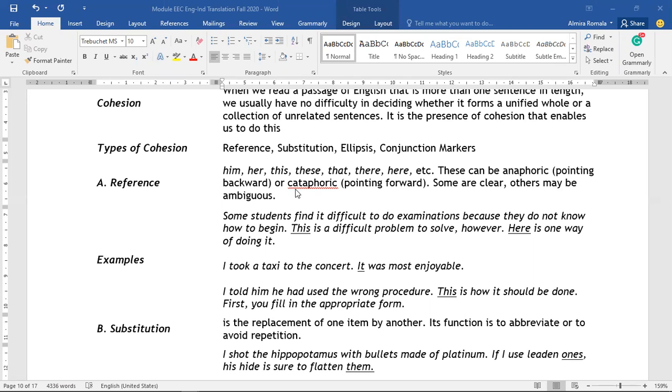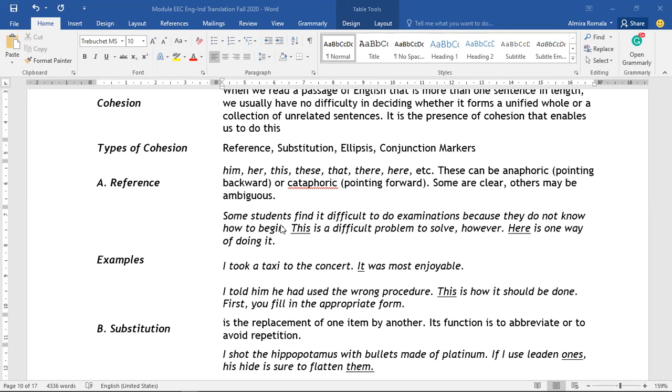However, in a text, some of the references are clear, but it is not rare to also find an ambiguous reference. Okay, let's take a look at the example. We have several sentences here. Some students find it difficult to do examinations because they do not know how to begin.